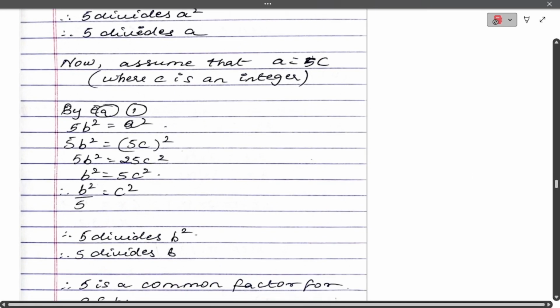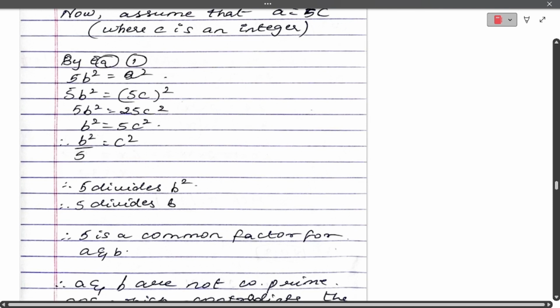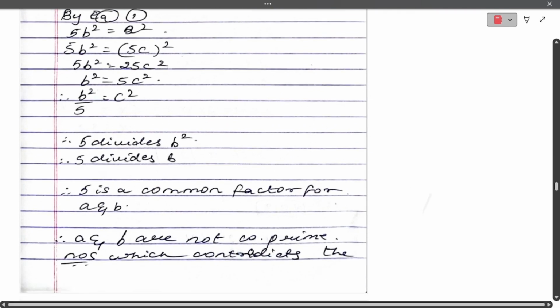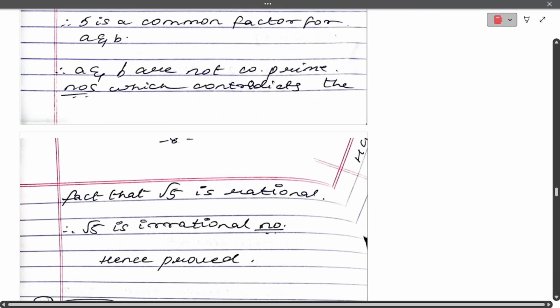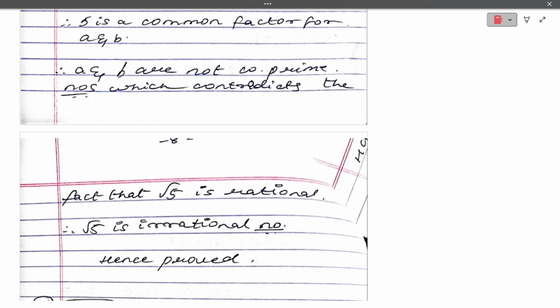So 5 is a common factor for a and b. We have assumed that a and b are co-prime numbers, which contradicts our statement. So henceforth the fact that root 5 is rational is contradicted. So henceforth root 5 is irrational. This is how you will prove root 5 is irrational.